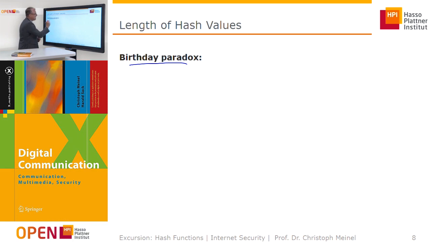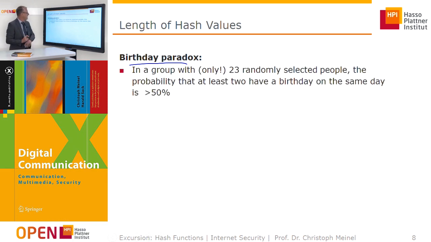To see this, let's start by considering the so-called birthday paradox. The birthday paradox says that in a group with only 23 randomly selected people, the probability that at least 2 have a birthday on the same day is greater than 50%.